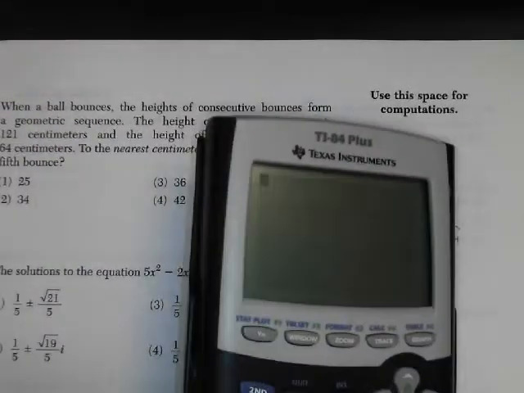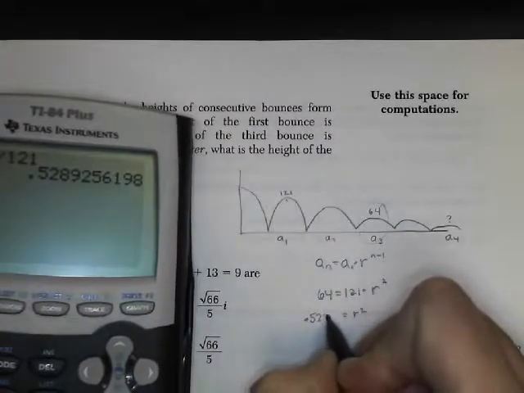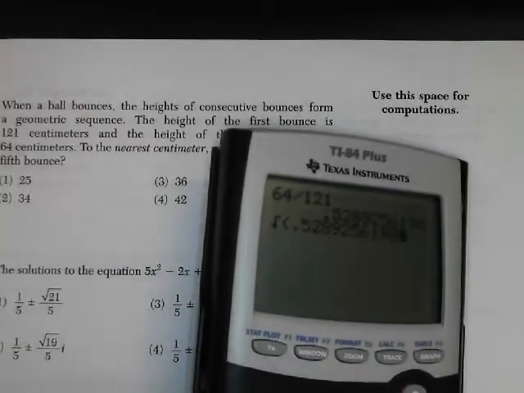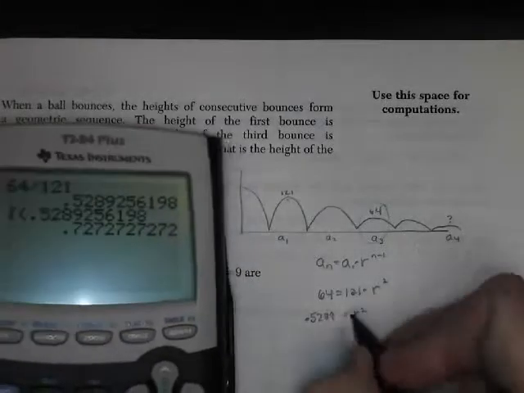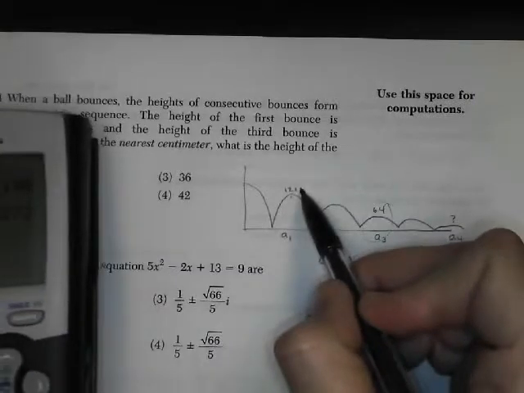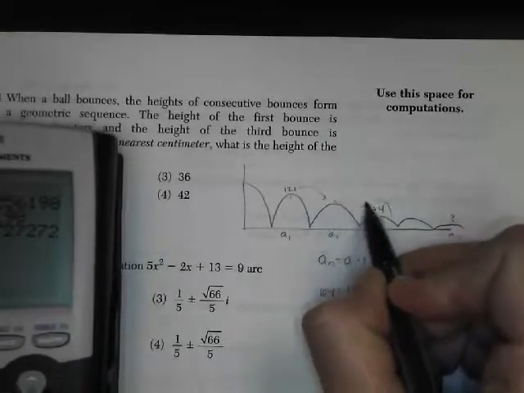64 divided by 121 leaves us with this 0.5289 number, and then square root that number to solve for r. You get 0.72 repeating. So r equals 0.72. This times that 0.72 repeating number gets you here, then times that again.